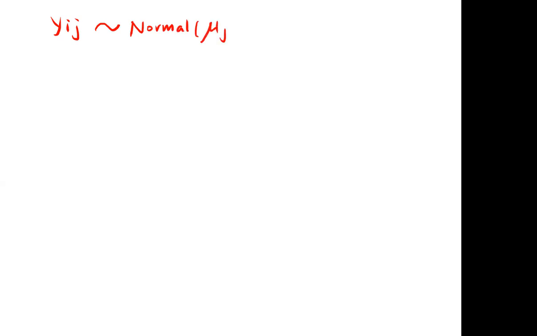For each group j, you have the observations Y_ij following a normal distribution with the group mean, and you share the standard deviation across all of the groups. The index, again, is very important to keep track of. There are n_j observations in each group j, and then a total of capital J groups.